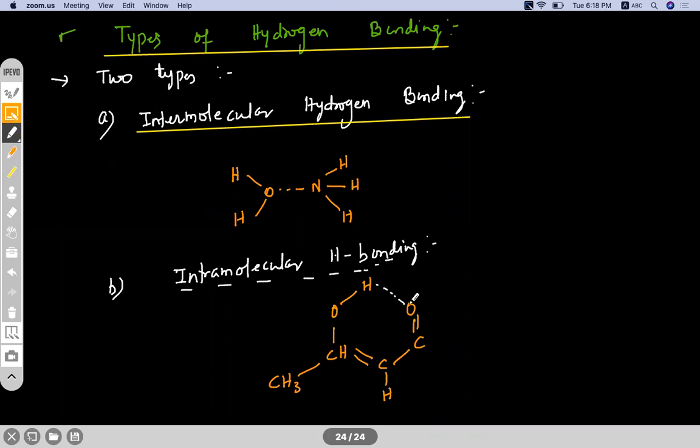This bond is the H bond. Since it is within the molecule, it is intramolecular, not intermolecular. Here you can also place any other atoms. This type of bonding is intramolecular bonding.